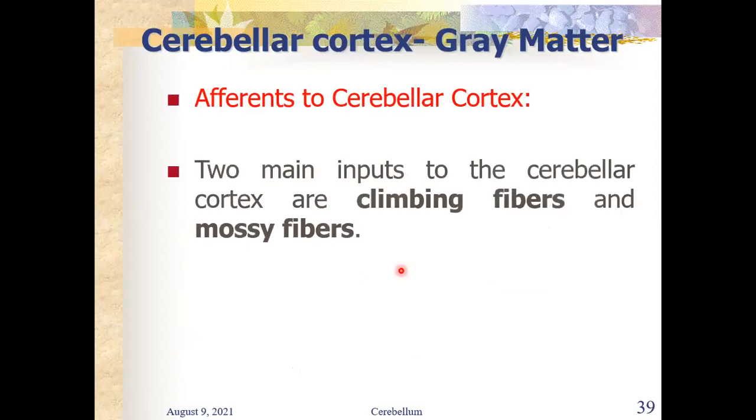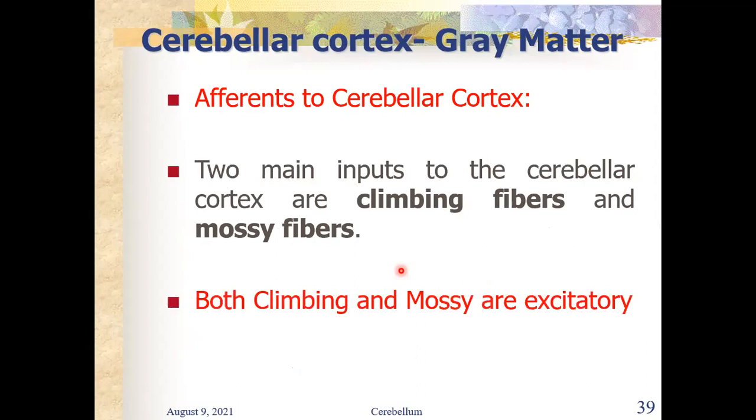So we also have in the gray matter, remember, we have inputs coming in to the cerebellar cortex. We have two main inputs to the cerebellar cortex via the climbing fibers and the mossy fibers.